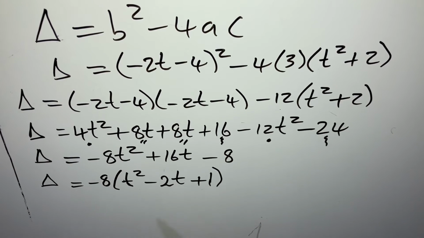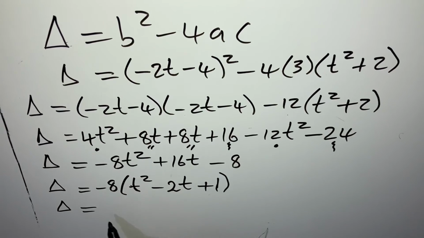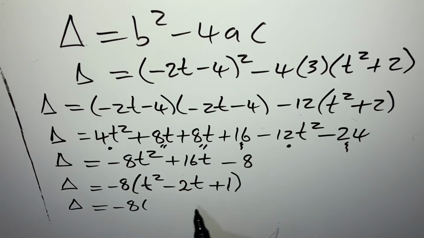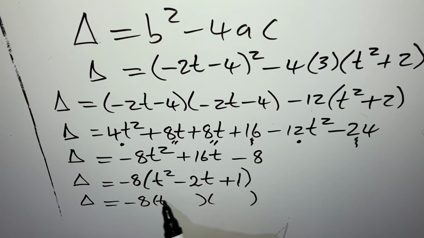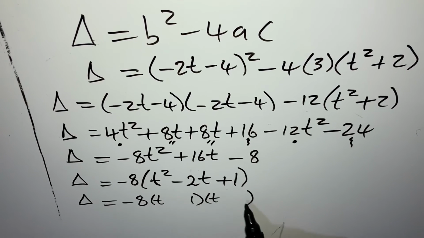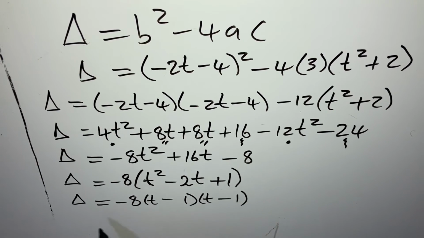So from here, you can take it further, which is a negative 8. Then you open two brackets. You get a t, you factorize this.